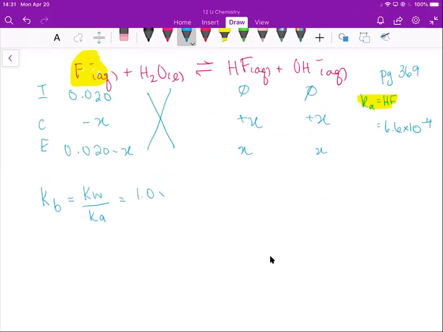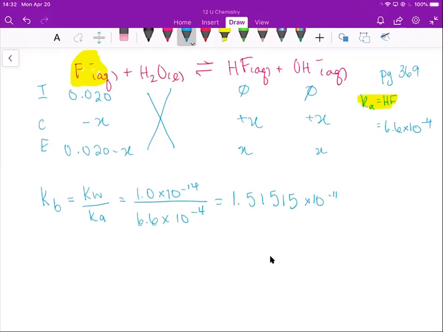So 1.0 times 10 to the minus 14 divided by 6.6 times 10 to the minus 4 is 1.515, it's repeating, times 10 to the minus 11. So that's my Kb value.